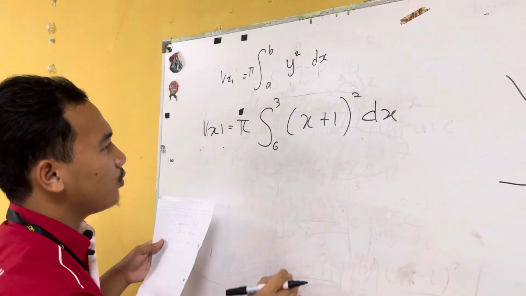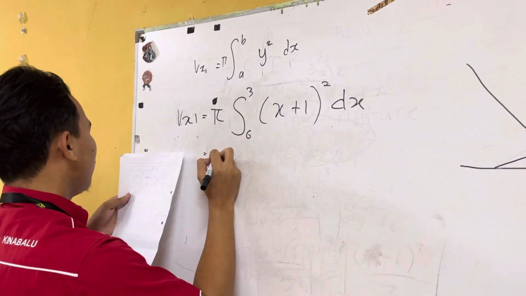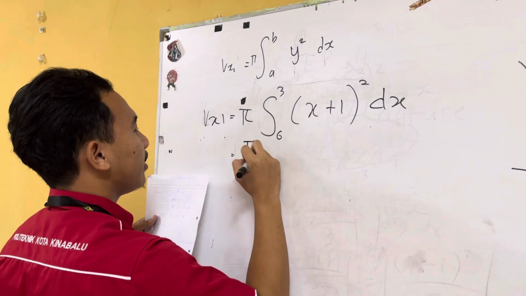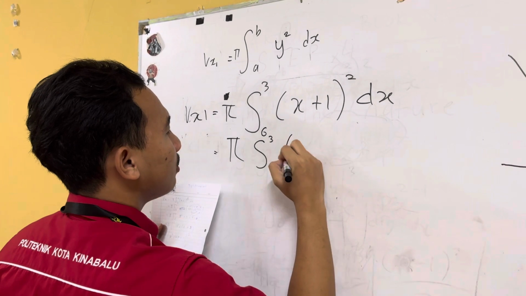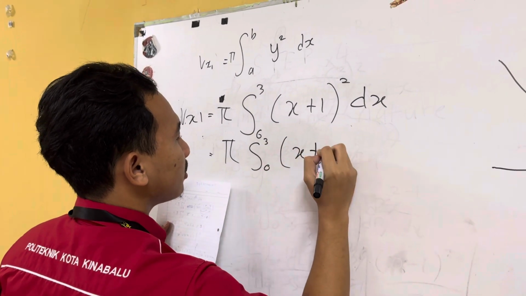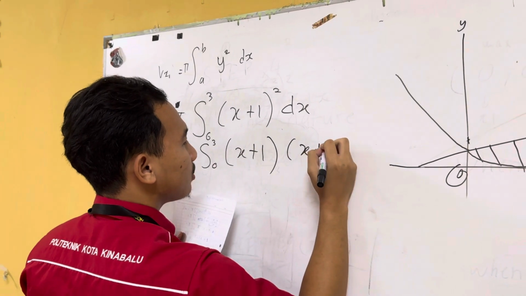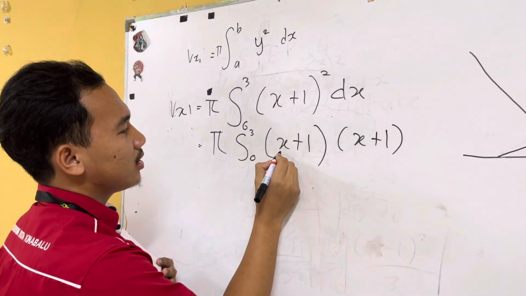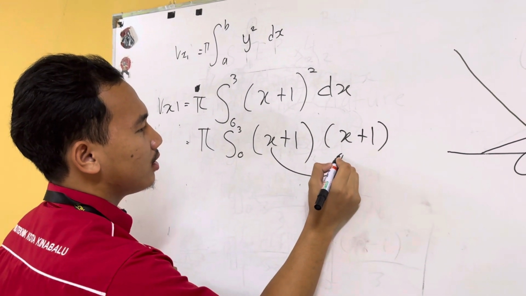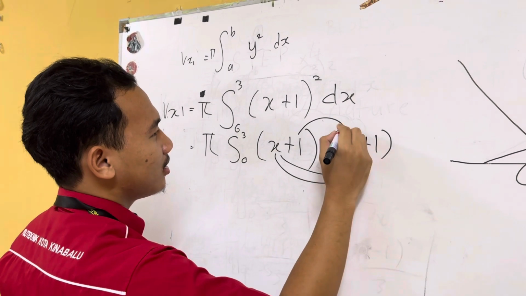And then we separate it because it is power of 2. So equals pi integral from 0 to 3 of (x plus 1)(x plus 1). For the next step, we just multiply it out.